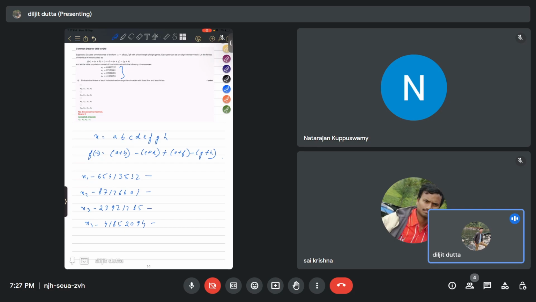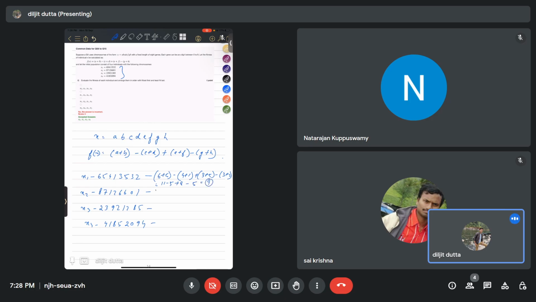So how do we evaluate the fitness? Let us do this: 6 plus 5 minus of 4 plus 1 plus of 3 plus 5 minus of 3 plus 2 equals 11 minus 19 minus 10, which is equal to 9.